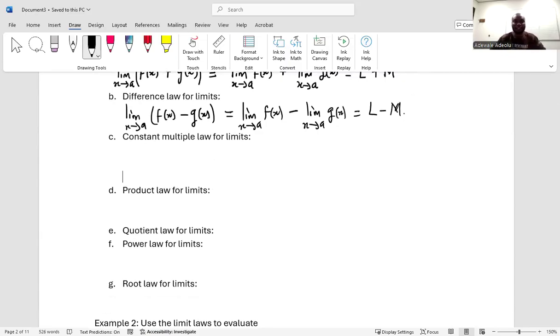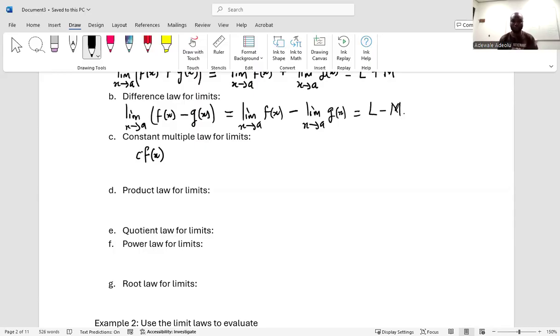The constant multiple law of limits. Suppose we have a function f of x, and we are multiplying that function by a constant.